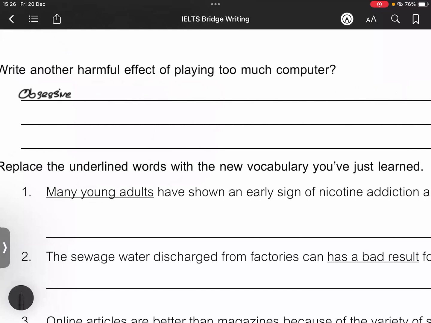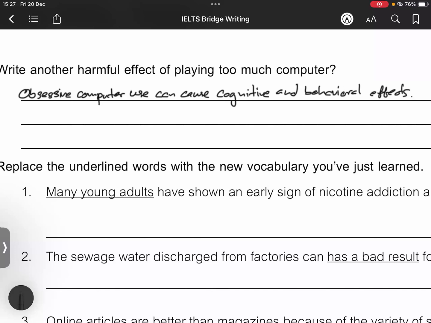Obsessive computer use can cause cognitive and behavioral effects.